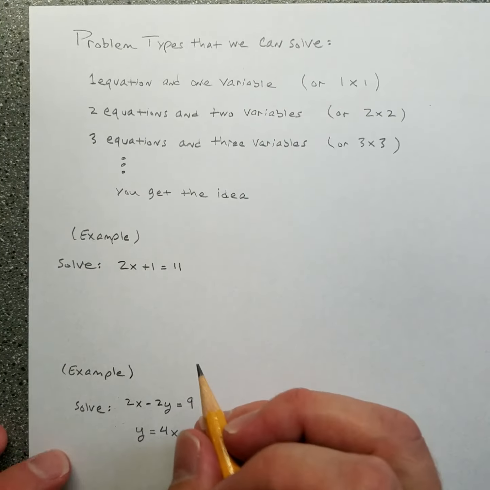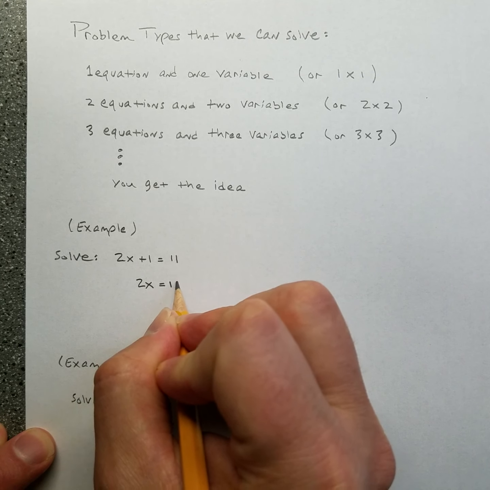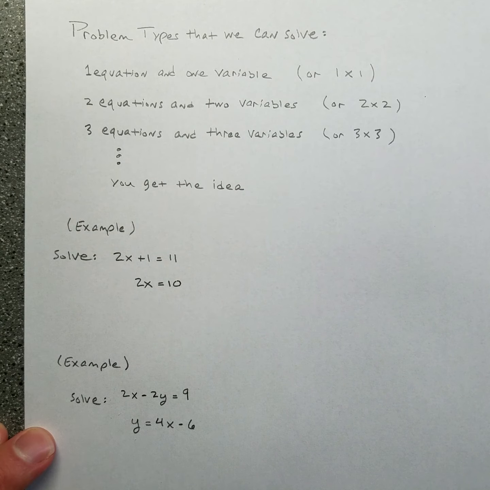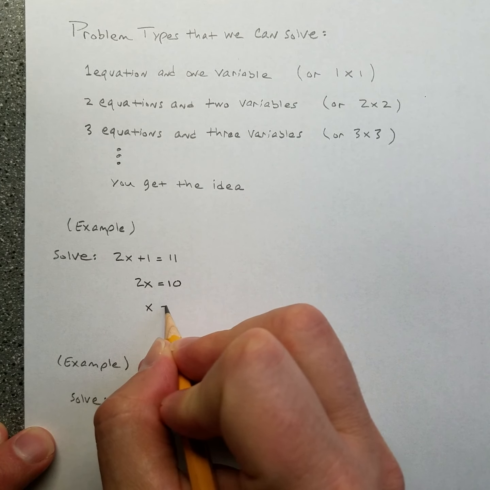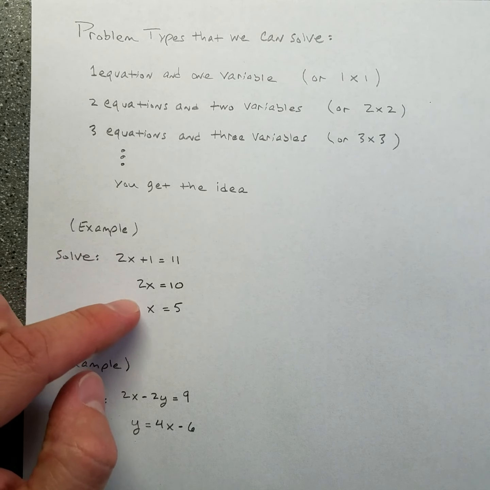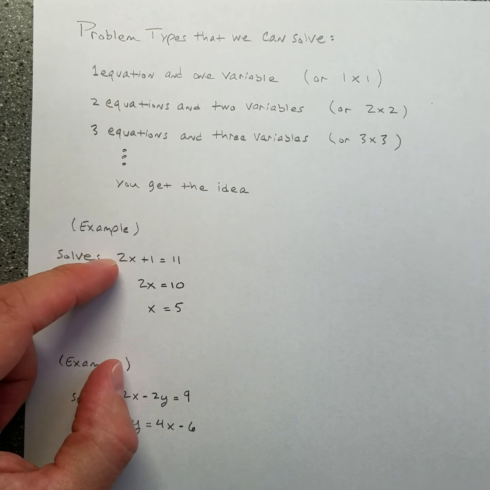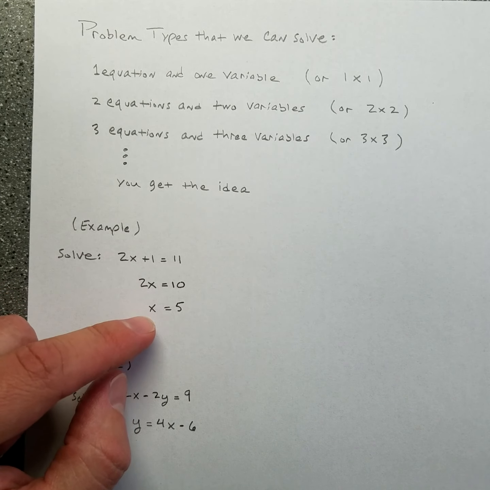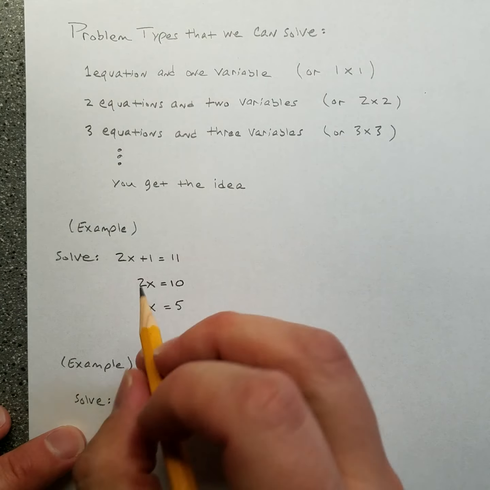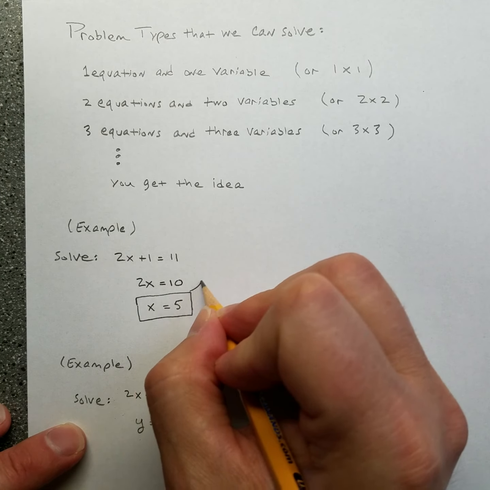Well, it's just by the way that you can manipulate it. You take this and you subtract 1 from both sides, and then you divide both sides by 2. And you get that. And then it's like you reduced it to a statement about what x has to be. This is true, this is true. Then all of a sudden it says x has to be 5. And then you just interpret that to be the answer. And it's not hard to check that.